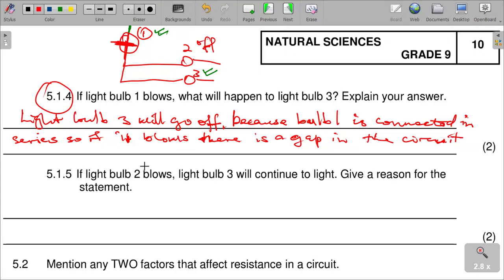Actually, it will continue to shine or to burn because bulb 2 is connected in parallel. So if it blows, there is still a path in which the current can flow. So bulb 3 will continue to shine.